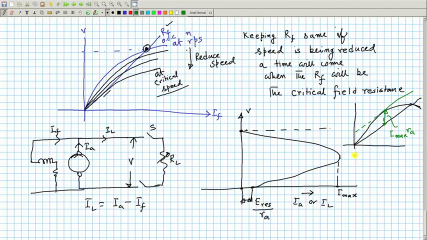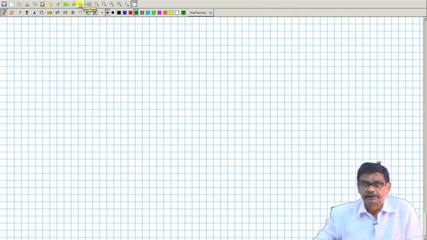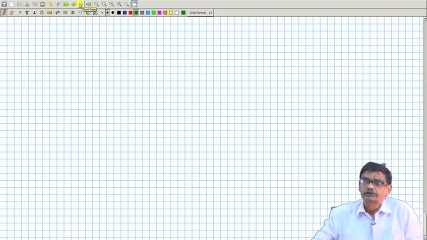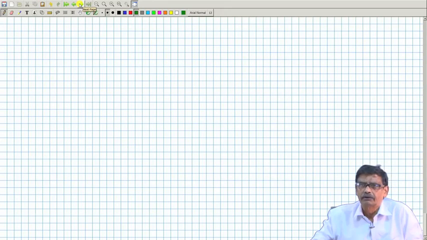Okay. So, this is about the characteristics of separately excited and shunt generator, and the voltage drop takes place, I told you, because of armature resistance and because of brush drop, which is sometimes neglected. Otherwise, it is taken into account by considering 1 volt per brush.